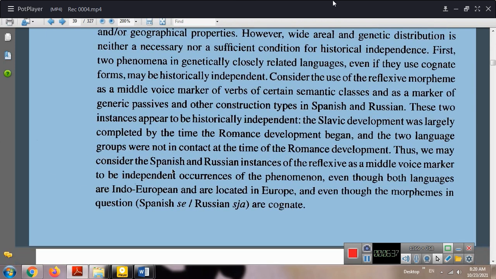Thus, we may consider the Spanish and Russian instances of the reflexive as a middle voice marker to be independent occurrences of the phenomenon, even though both languages are Indo-European and are located in Europe, and even though the morphemes in question, which in Spanish is se, in Russian is sia, are cognate.